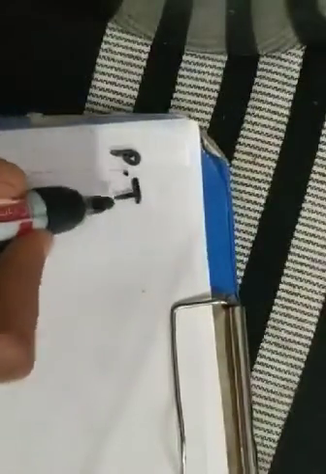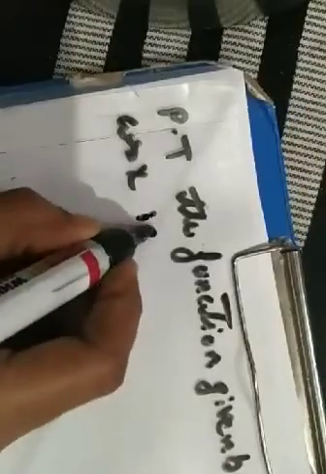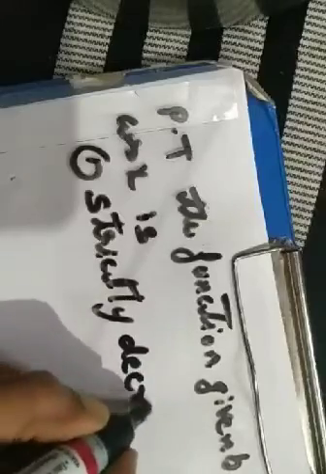Prove that the function given by f of x is equal to cos x is, first one, strictly decreasing in 0 to pi.